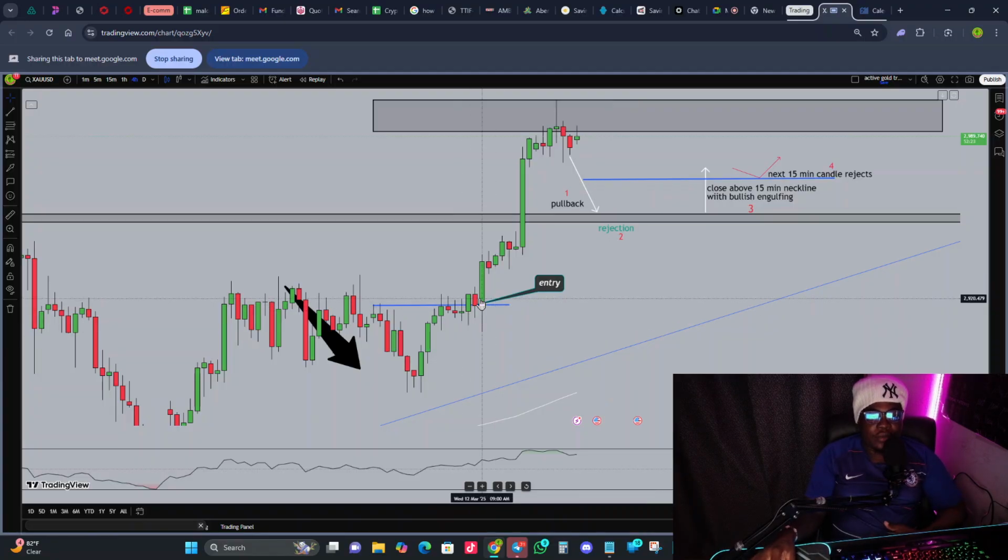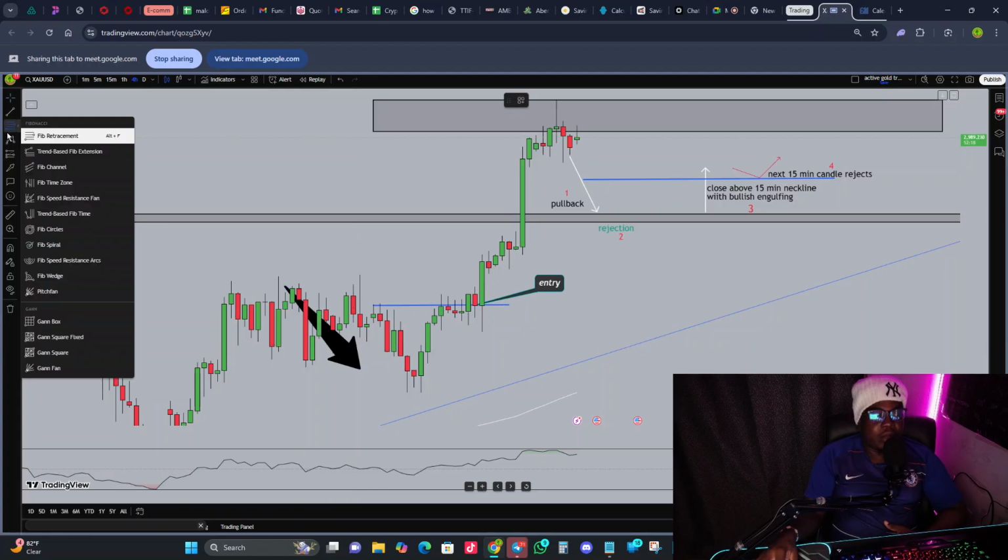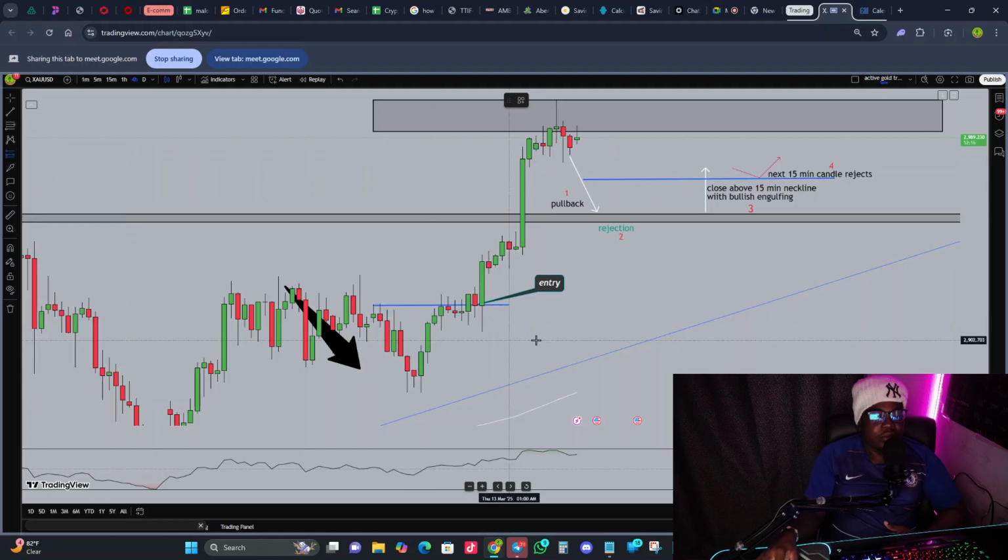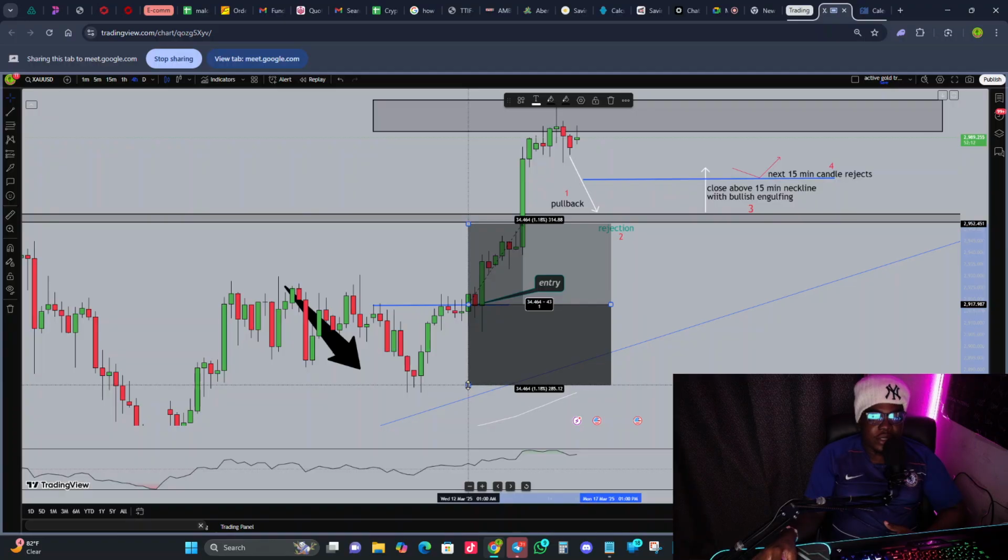Alright, so this is where you would enter. And the stop loss will be below the low. So you enter here. You have two stop losses. You could either put an aggressive tight stop loss here.